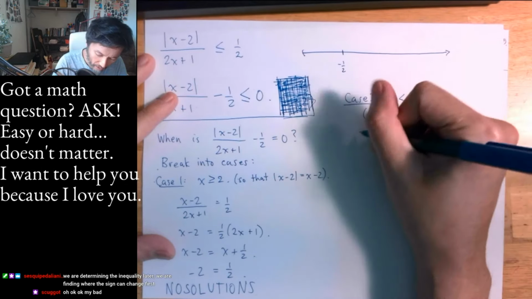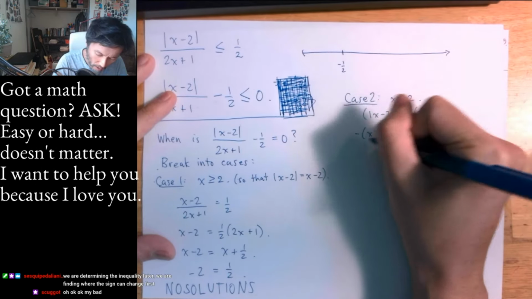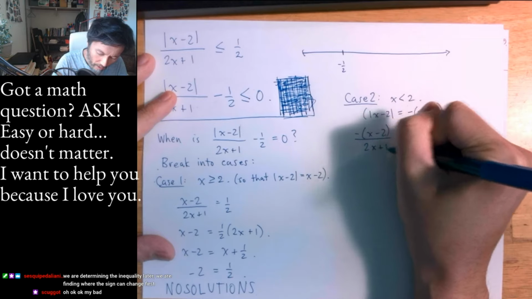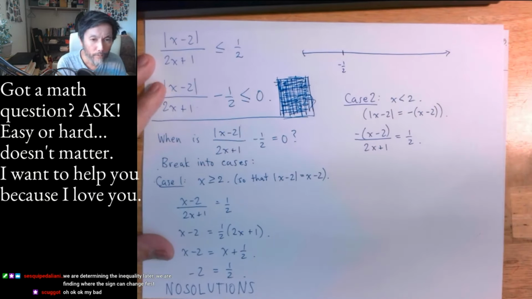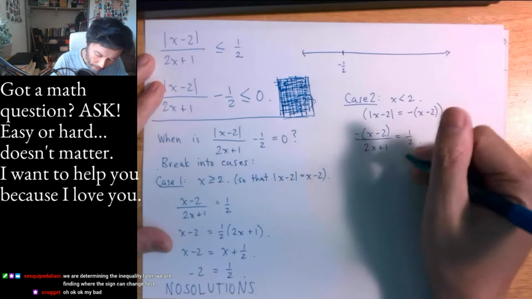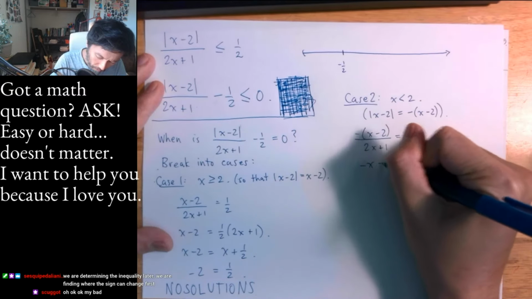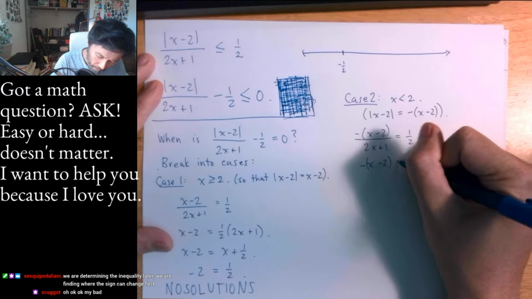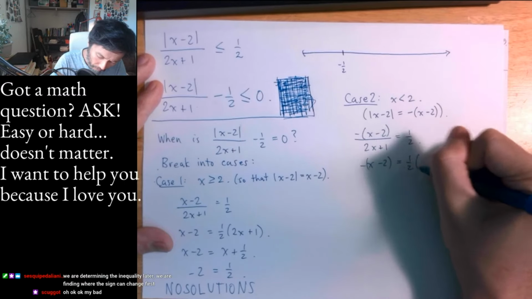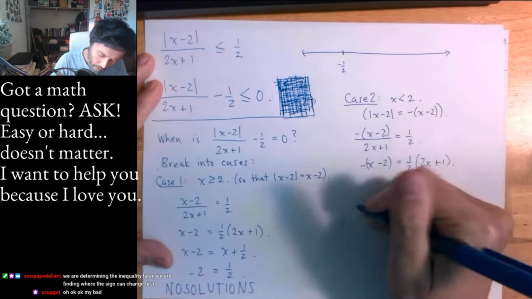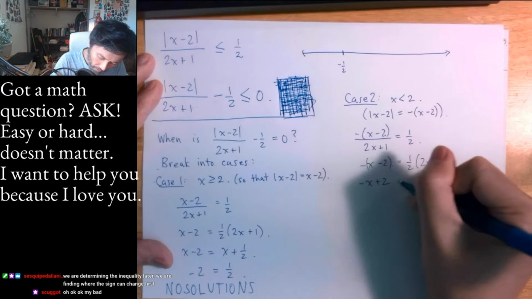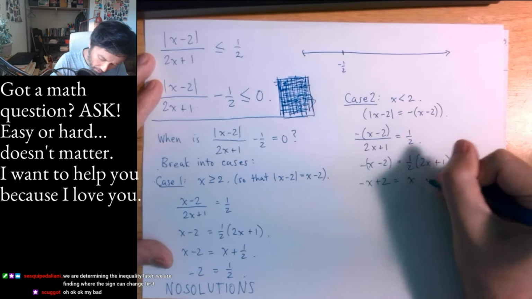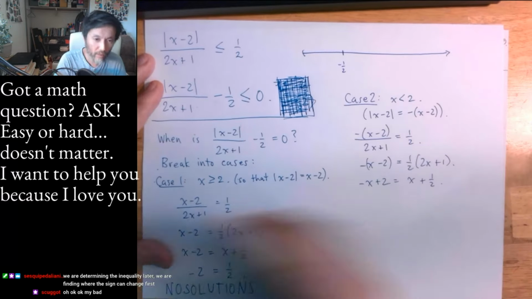So what we have is negative x minus 2 over 2x plus 1 is equal to 1/2. We multiply both sides by 2x plus 1. We distribute the negative 1. Over here we get x plus 1/2.